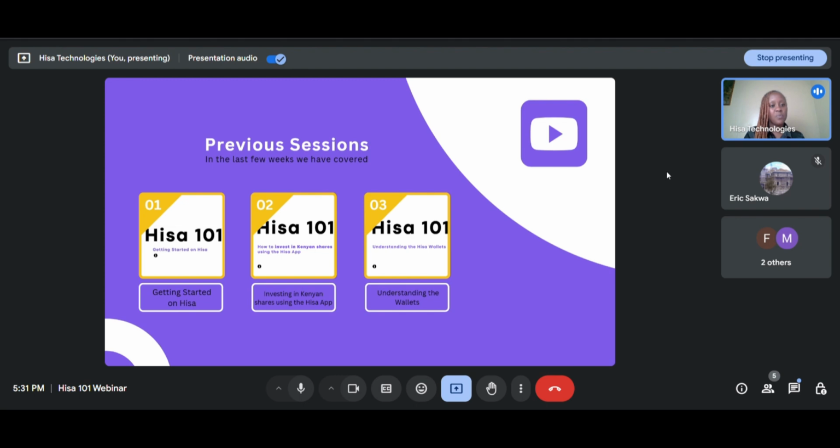When you deposit money, what wallet should you deposit into? For US stocks, you now know that you need to deposit into your USD wallet, but which other wallet should you deposit money into? You'll need to watch that recording as well in case you missed it.